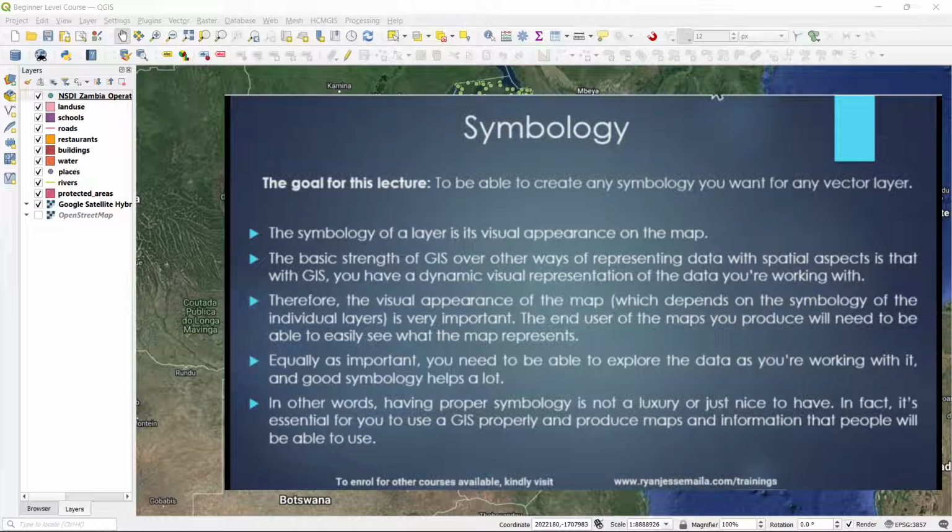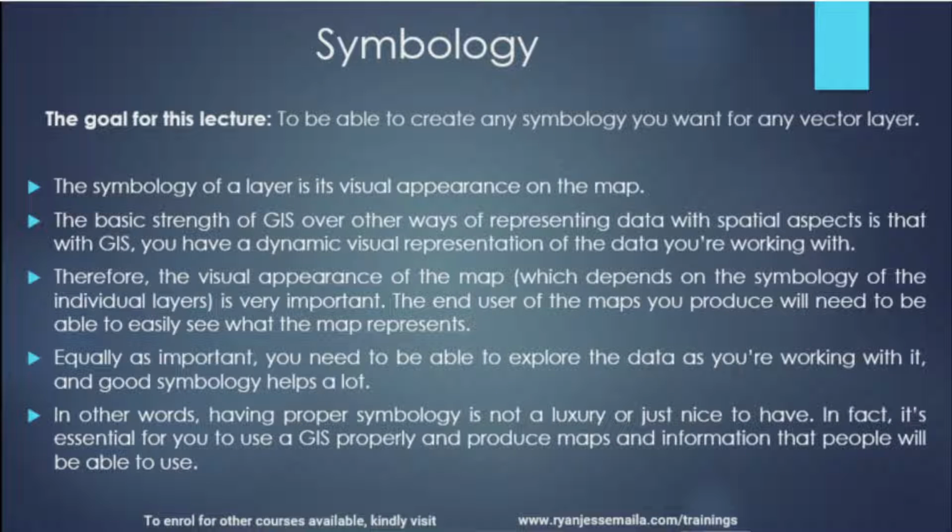the data. In other words, having proper symbology is not a luxury or just something nice that you want to have. It's very essential to the production of maps, and also while you're working on the data, so that you are very much accurate. Because remember that the data you are visualizing and working on will influence your own decisions and also the decisions of your superiors, whose decision making is dependent on that data.